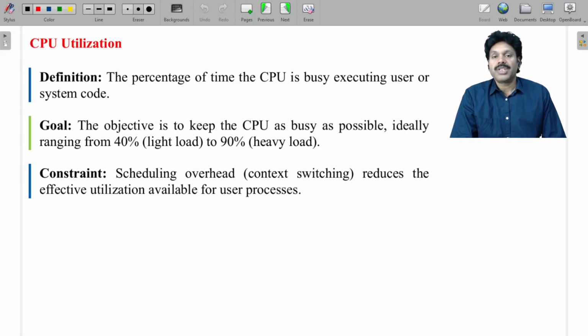Whenever switching among processes, it takes a minute amount of time to pause the process, save the previous process context into the process control block, and load the context of the current process. This is known as context switching time.